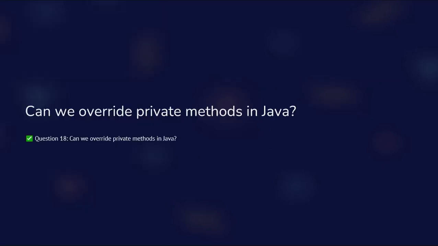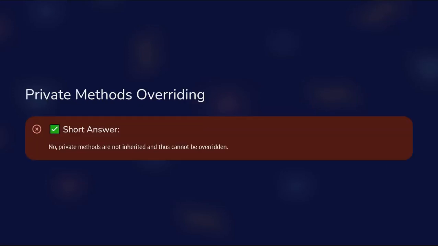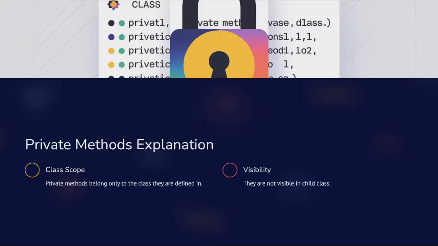Let's move to the next question. Can we override private methods in Java? Short answer, no. Private methods are not inherited and thus cannot be overridden, because private methods belong only to the class.